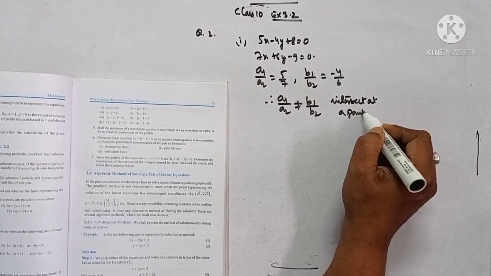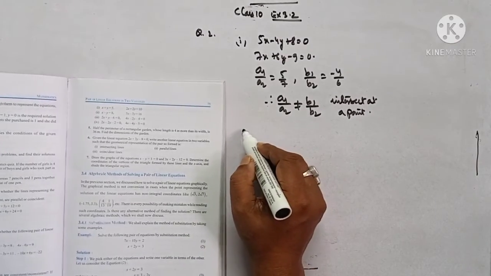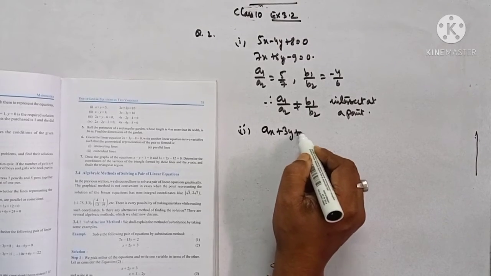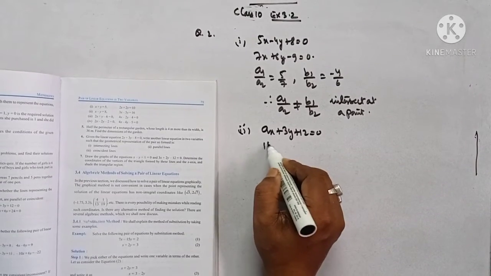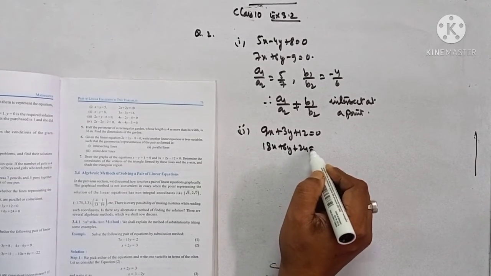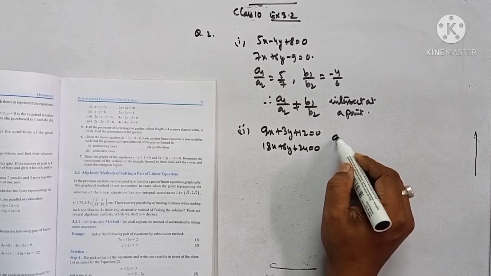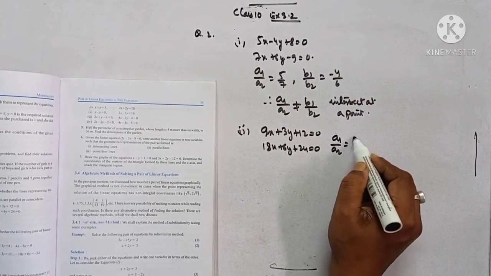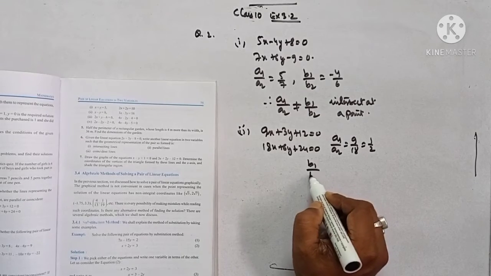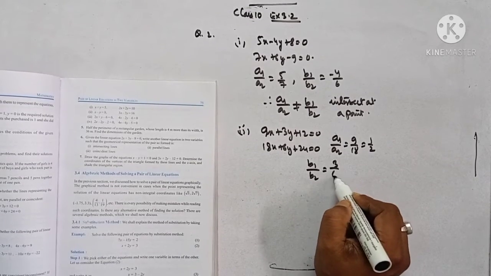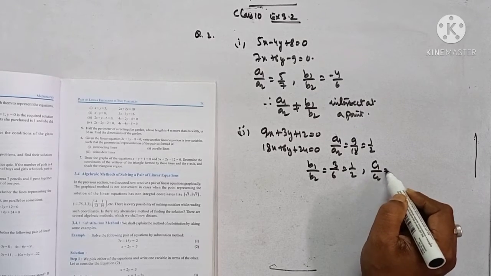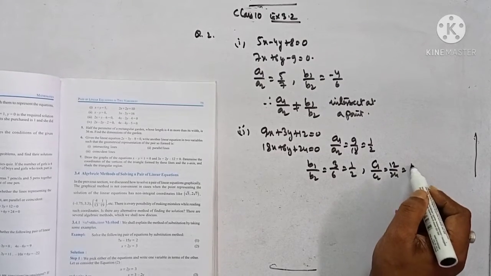For the next one: 9x plus 3y plus 12 equal to 0, and 18x plus 6y plus 24 equal to 0. Here a1 by a2 is 9 by 18, that's 1 by 2, b1 by b2 is 3 by 6, that's 1 by 2, and c1 by c2 is 12 by 24, that's 1 by 2.